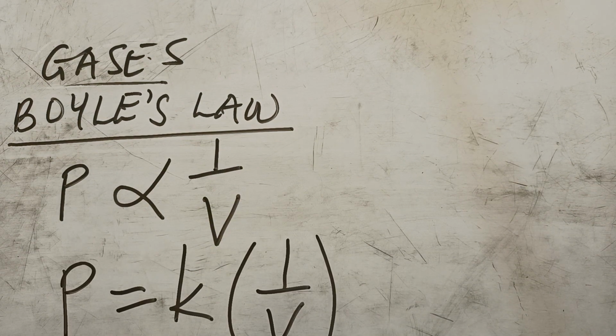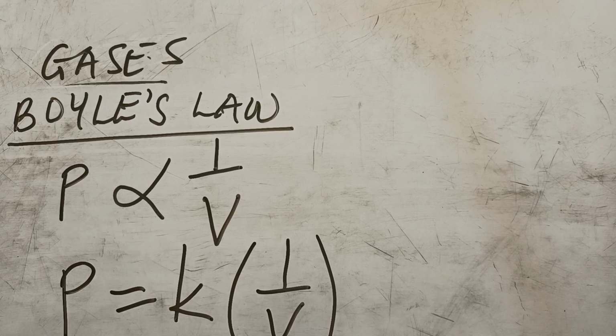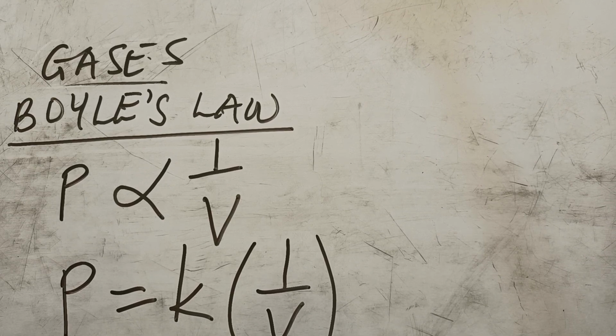By taking away the proportionality sign, pressure is equal to K, a constant, times the inverse of the volume of the gas.